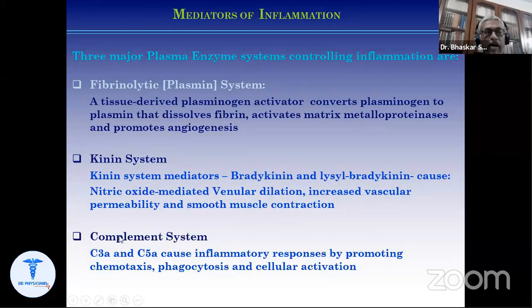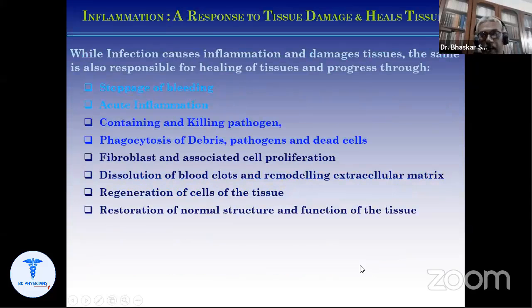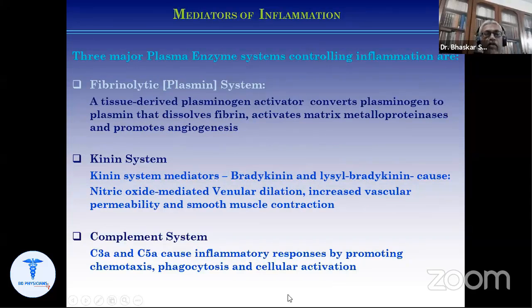And then the third one is the complement system, which includes C3a, C4a, and C5a, which cause inflammatory responses by promoting chemotaxis, phagocytosis, and cellular activation. It is very important to remember that the complement system is a unique system, as we will see in later slides, where multiple proteins are arranged in a cascade.